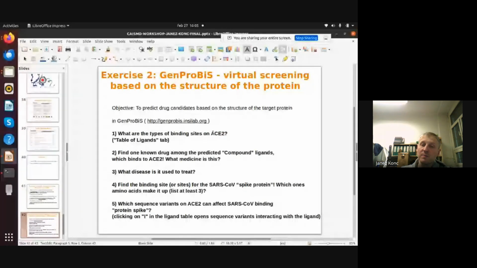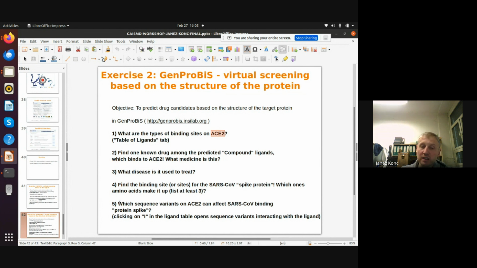It's a human protein that basically binds to the COVID protein, the spike protein, and we are going to find predicted ligands that bind to this protein, and we are going to find one drug among these predicted ligands, and we are going to try to find the binding sites for SARS-CoV spike protein on this ACE2 protein.